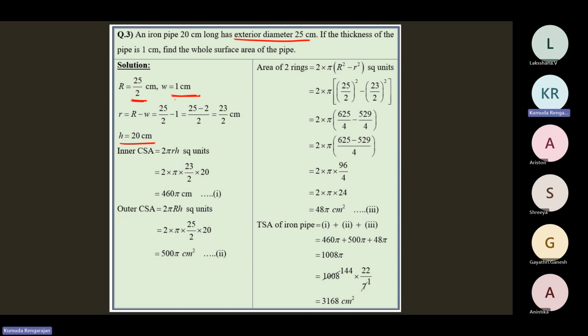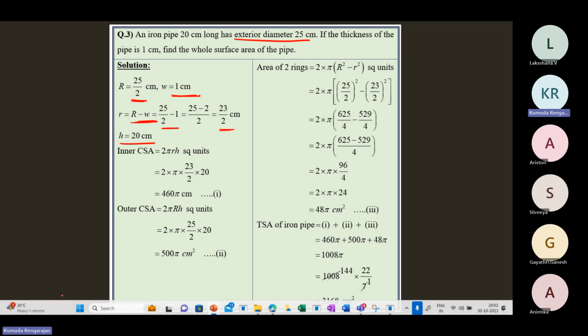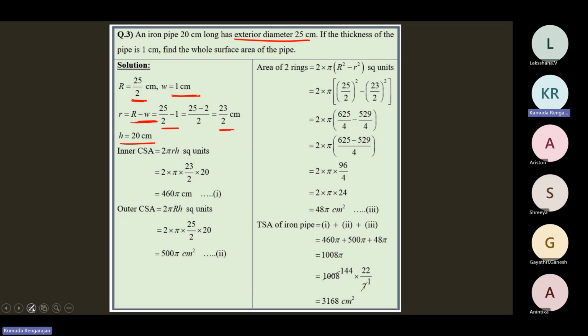Now the internal radius is not given, but you can find it: external radius minus the thickness. So 25 by 2 minus 1. Take the LCM and you get 23 by 2. Now we have all the values we require to find volume or surface area for the pipes.